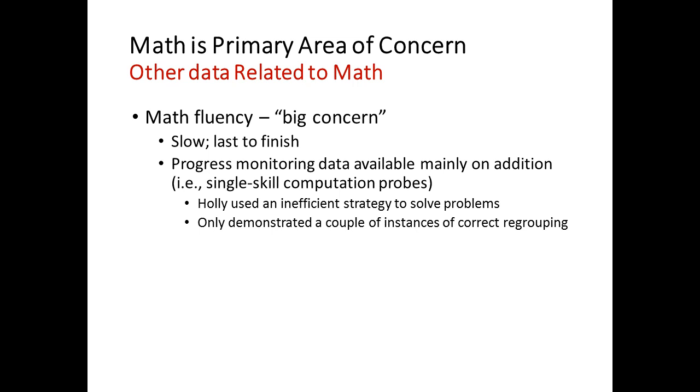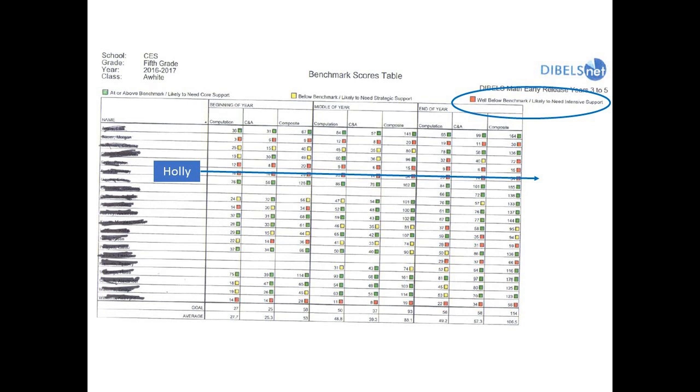Her primary area of concern is math fluency. She's having a lot of difficulty with math fluency. She's very slow. She's the last to finish. Progress monitoring data are really not showing improvement. She uses inefficient strategies to solve problems, and recently she's only demonstrated a couple of instances of correct regrouping.